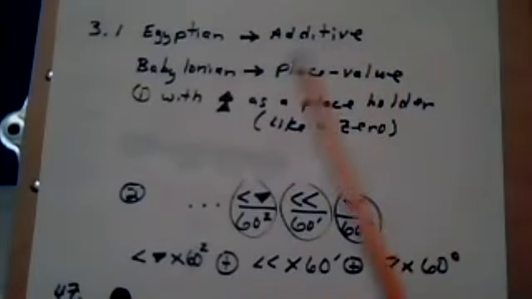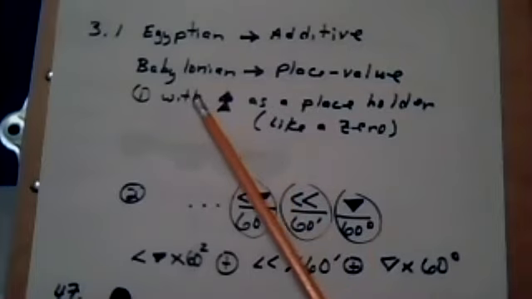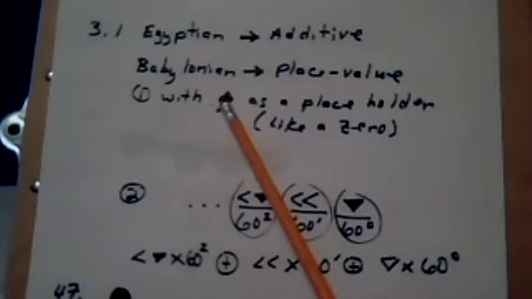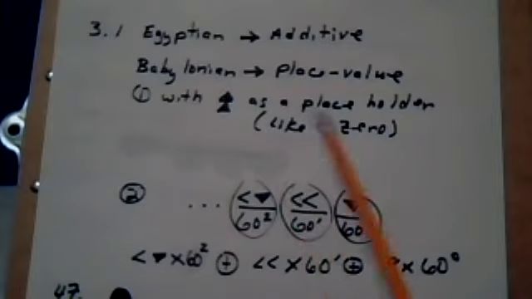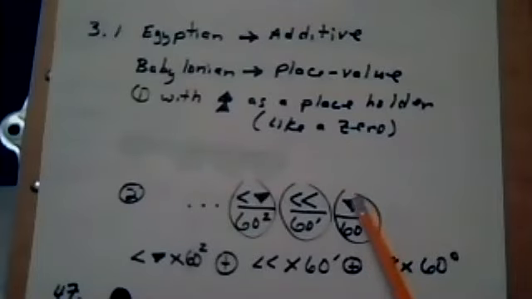And here's the Babylonian system. This symbol that you see here, these 2 little triangle looking things, that was a placeholder. It acted like a 0. So suppose we had these symbols, and each symbol in this particular problem is placed on top of this 60 to the 0. Anything to the 0 is 1. So these are the units. So whatever that symbol's worth, you multiply it times 1. And suppose they gave us this symbol.